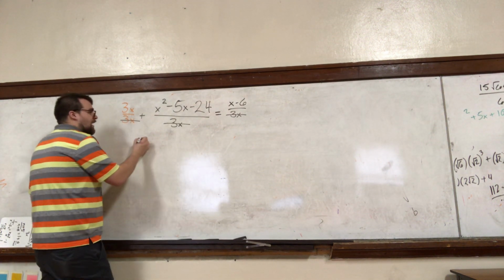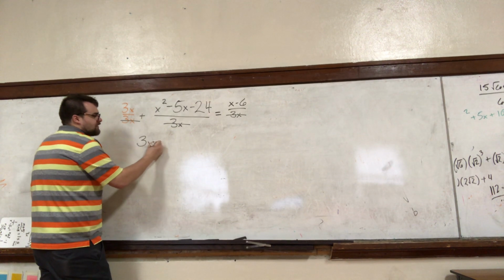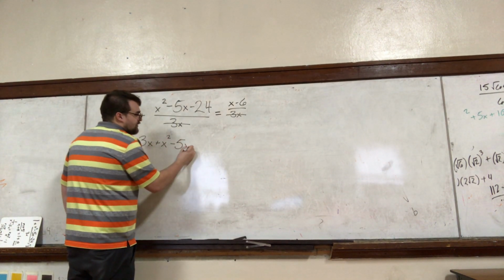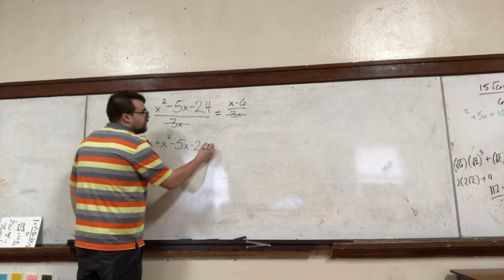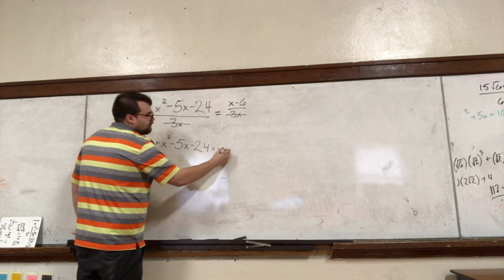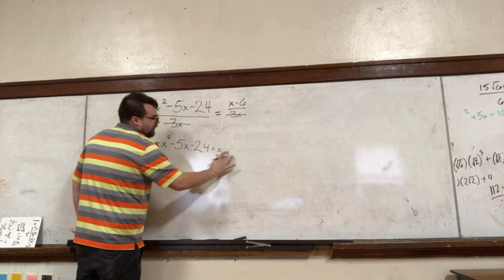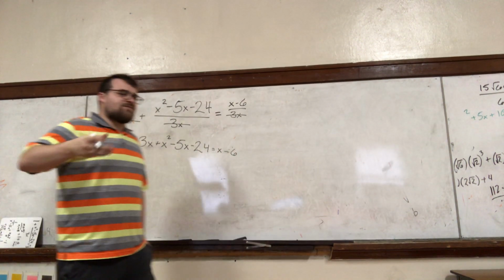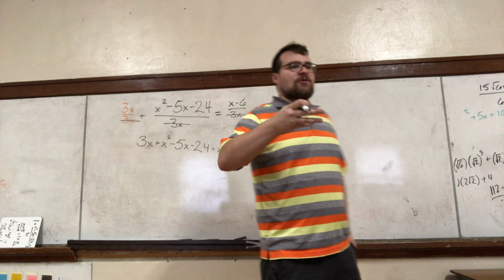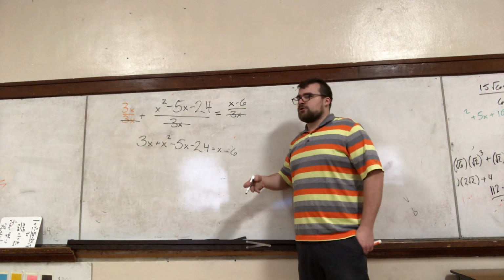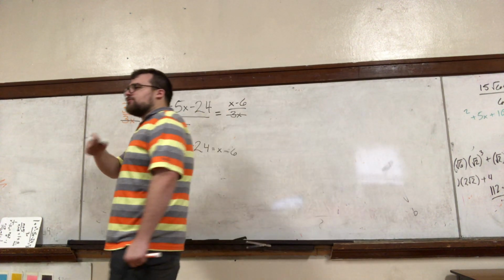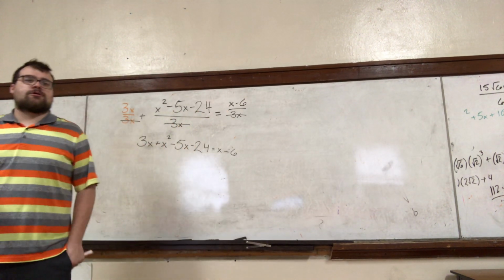Meaning we can actually write this as 3x plus x squared minus 5x minus 24 equals x minus 6. So we've now taken it from 3 different fractions in this problem to no fractions, because all the denominators were the same, so that denominator gets to cancel out across the board.